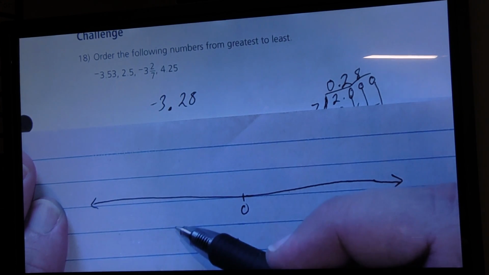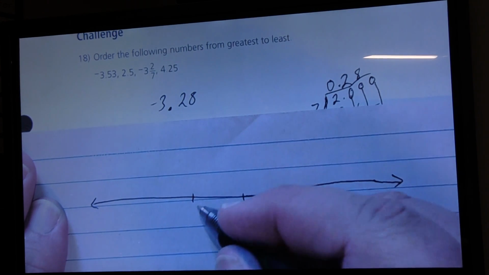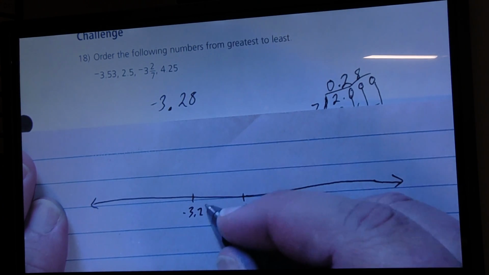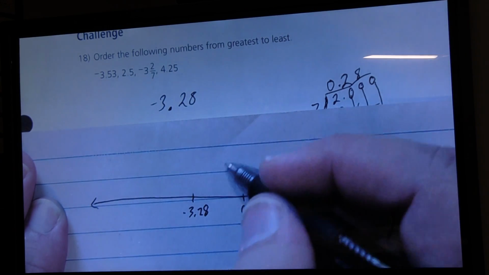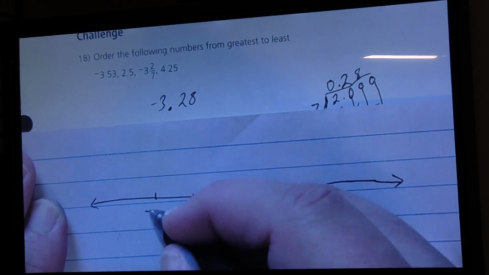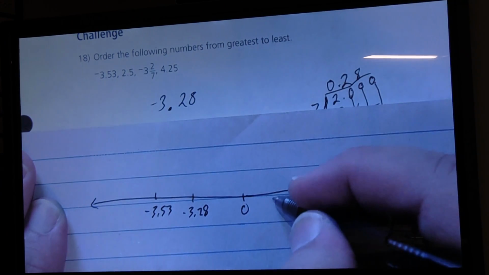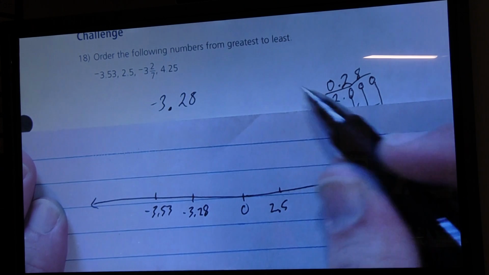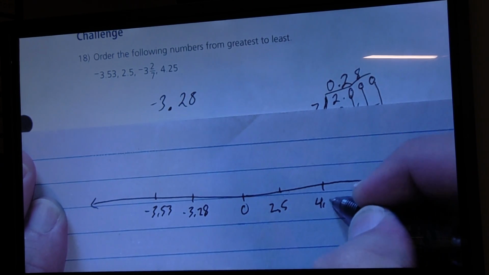I know that negative 3 and 28 hundredths will be somewhere right around here, and negative 3 and 53 hundredths is going to be farther left, so I'll put it over here. Over here, I see I have 2 and 5 tenths, so I'll put it here. And here I have 4 and 25 hundredths, so I'll put it here.